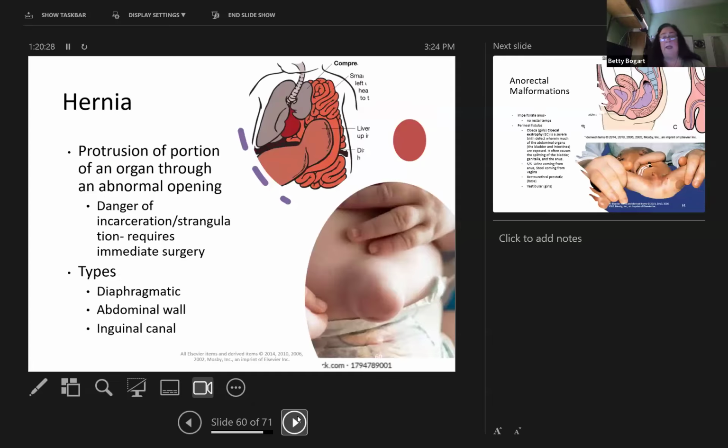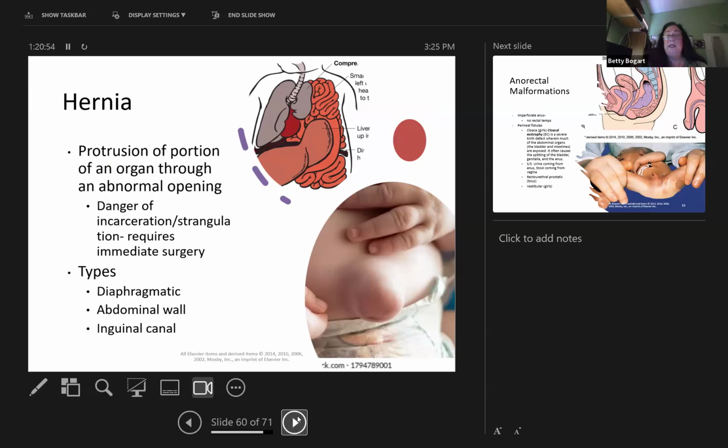Hernias. We get all sorts of hernias. Older people get inguinal hernias. Babies get, I call them umbilical hernias. That picture there, if you can take your finger and smush it in and out, it's soft and squishy, you're good. If it suddenly becomes hard and tender and painful, this is what we call an incarcerated or strangulated hernia.